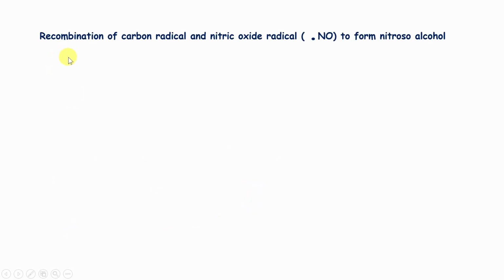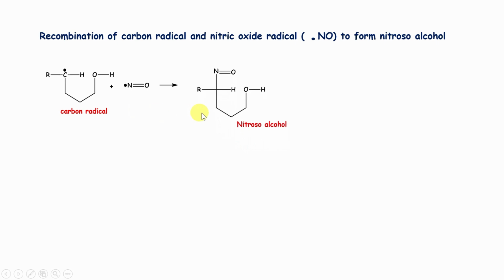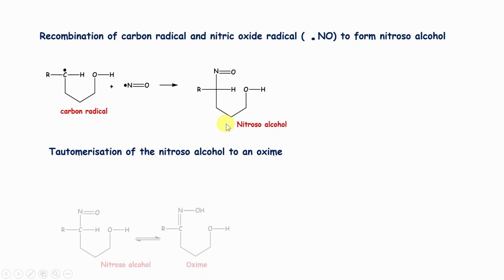And in the next step, recombination of the carbon radical and the nitric oxide radical formed earlier takes place to form nitroso alcohol. See, this delta carbon radical recombines with the nitric oxide radical, forming the product nitroso alcohol, which tautomerizes to produce an oxime.